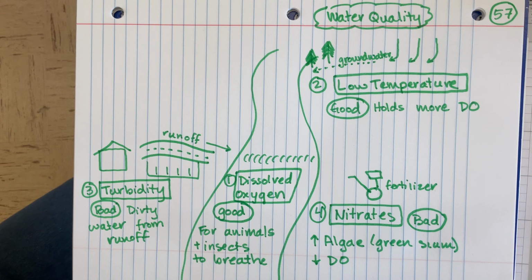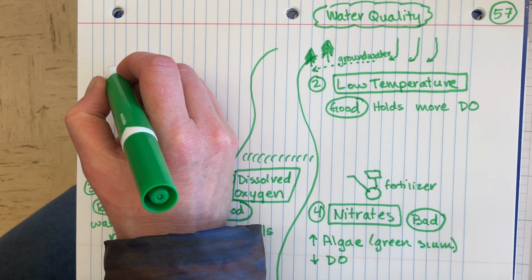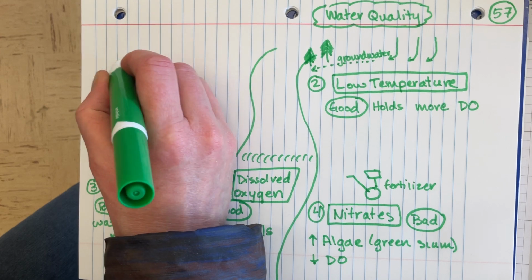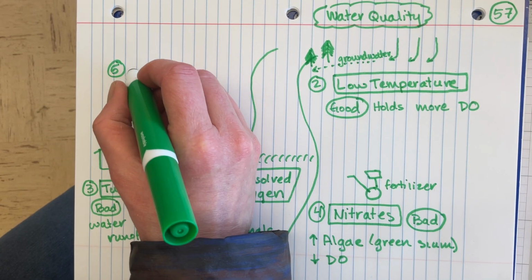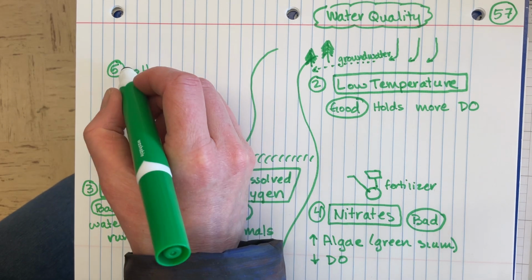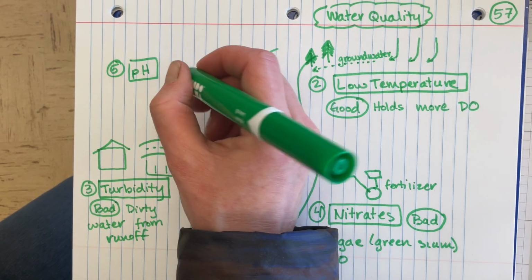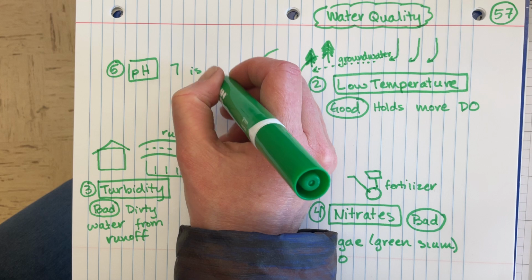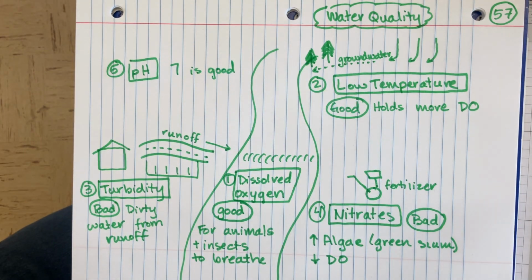And the last thing that we tested, number 5, was pH. And pH 7 is good. If it's higher or lower than that, it's not good.